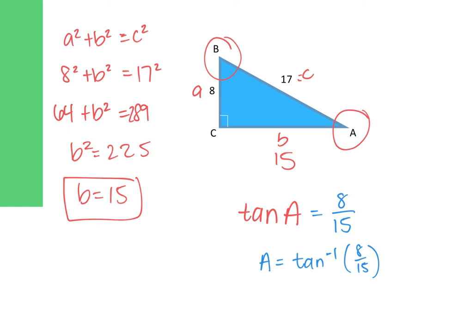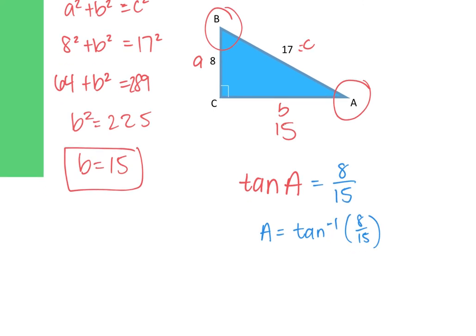Just remember it this way, guys. If you're looking for a side length, you're going to use the tangent. If you're looking for an angle, you're going to use the inverse, okay? So in your calculator, plug in the tangent inverse of 8 divided by 15. And you should get 28.1.